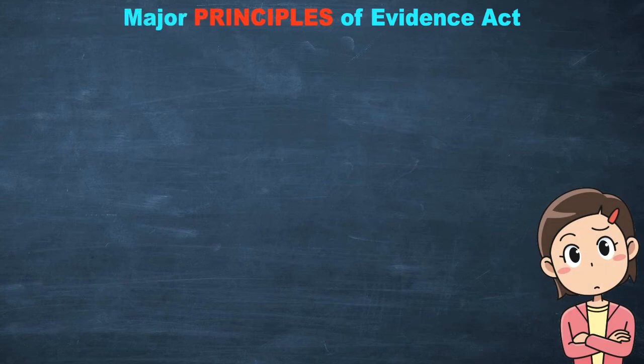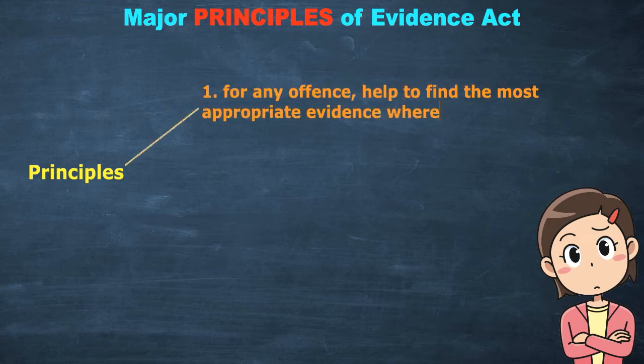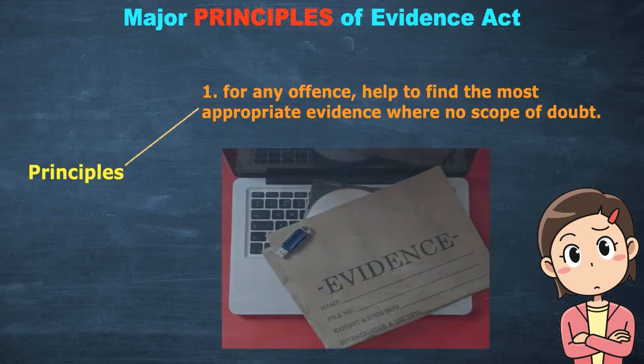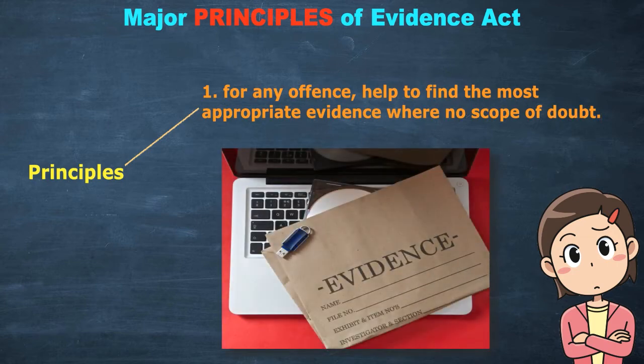Now, let's check out the principles of the Indian Evidence Act. What are the major principles of the Indian Evidence Act? The first one is, for any offense, help to find the most appropriate evidence where there is no scope of doubt. So this Act basically helps to find the most appropriate evidence where there is no scope of doubt.